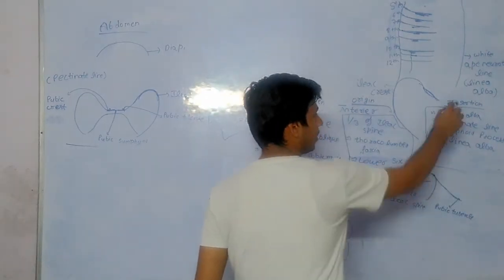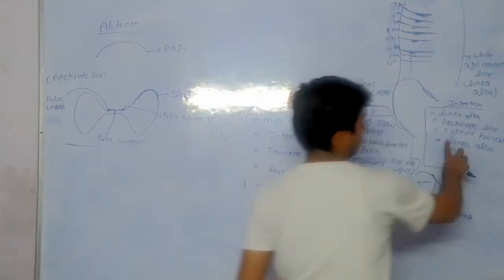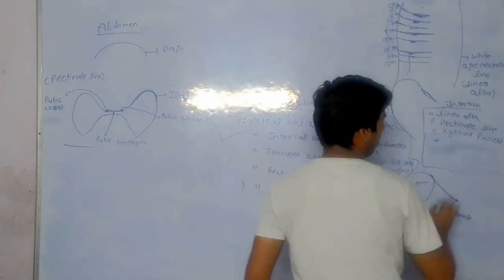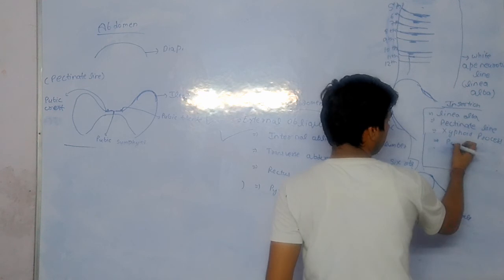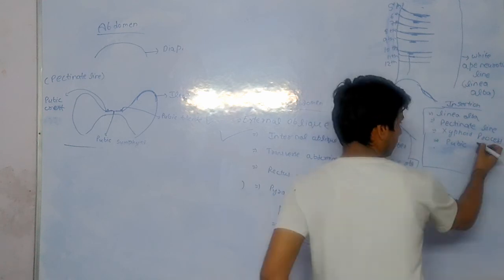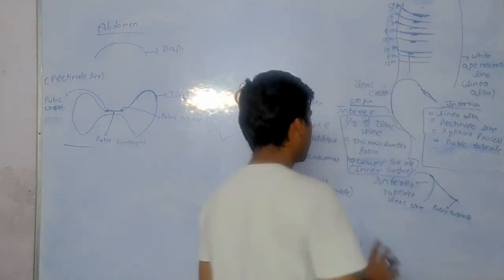Insertion is the same: linea alba, pectinate line, and pubic tubercle. Pubic tubercle is also included for internal oblique. These are some points.